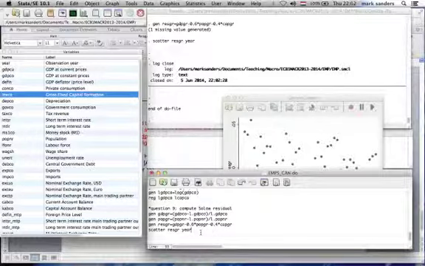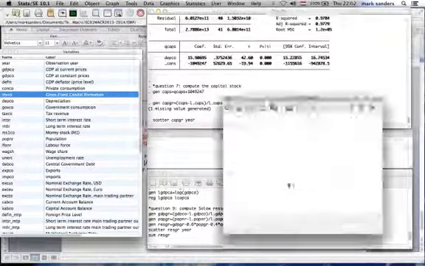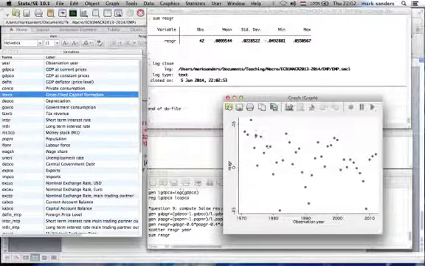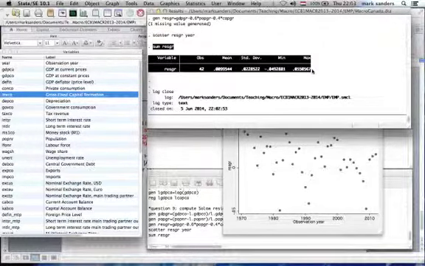Let's see where we end up if we summarize this residual growth rate. Get a summary table of that variable, and you can see that indeed the average is very close to zero.